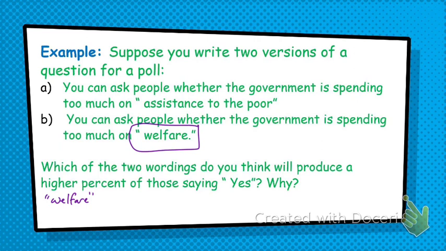So part B, I think, would have a higher percent of those saying yes, the government is spending too much on welfare. To say that they're spending too much on assisting the poor makes you sound like a jerk, even though they really mean the same thing.